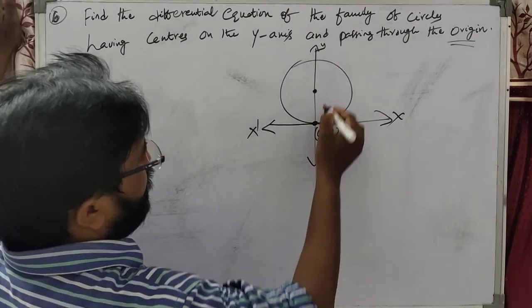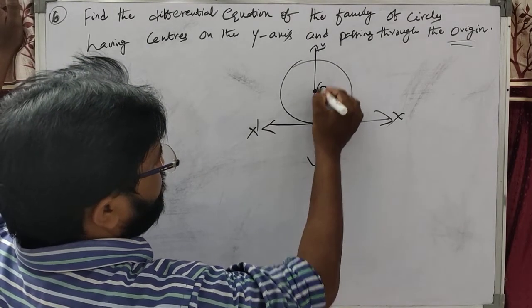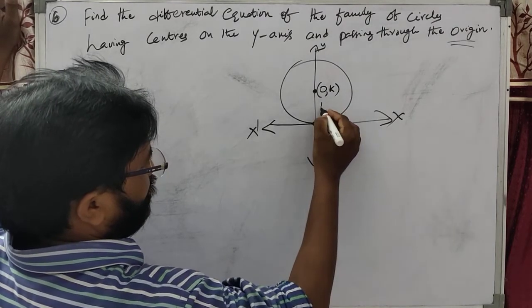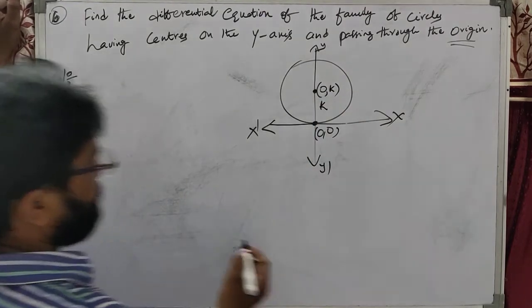We know that on the y-axis the x coordinate is 0, so the center is (0, k). Therefore the radius is k.